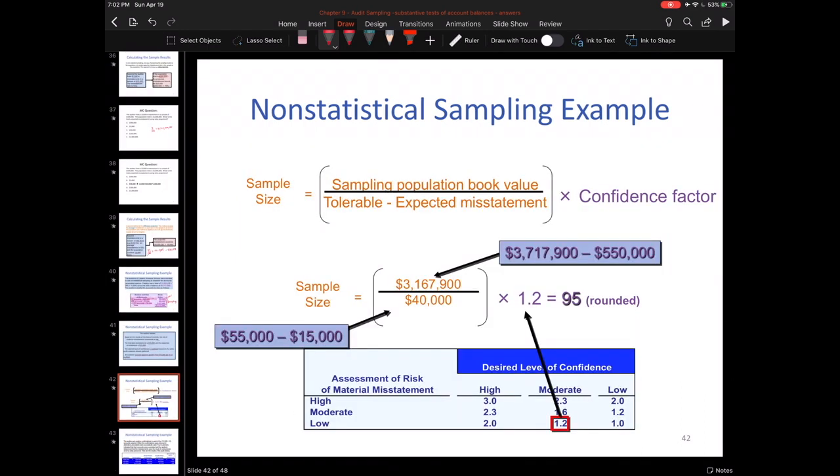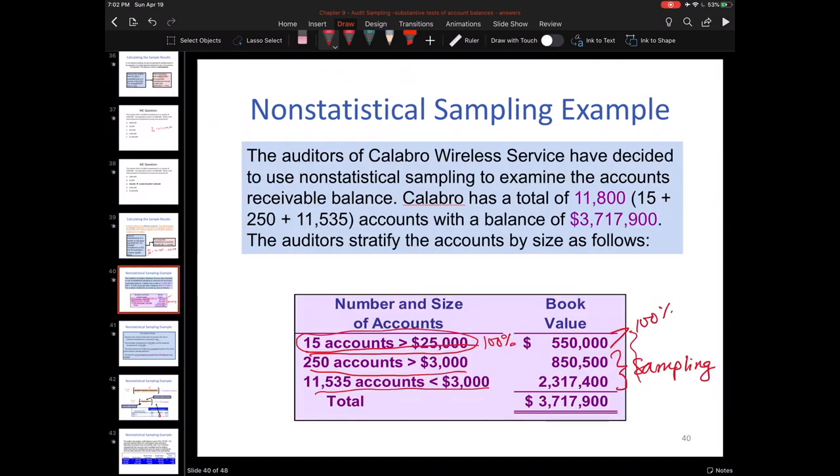So when I go through and calculate my sample size, keep in mind that when you use this formula, remember we said the book value that goes in the numerator, you should not include any portion of the population that you're testing 100% in there. So the portion of the population that should be included in the numerator is just these two.